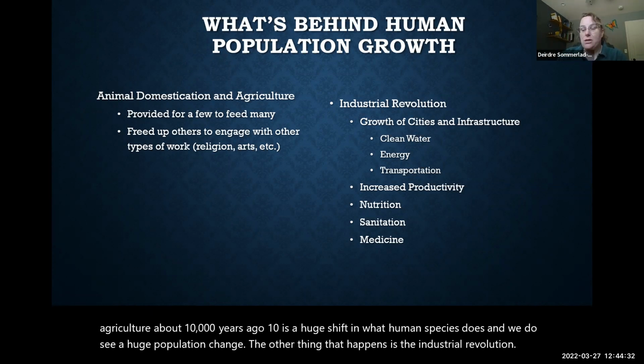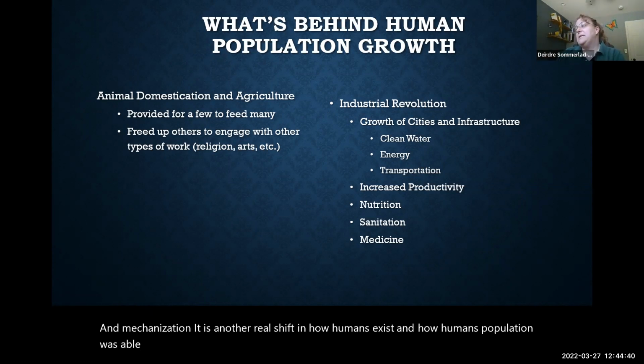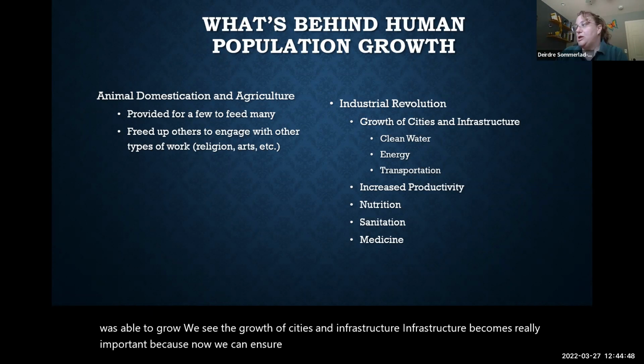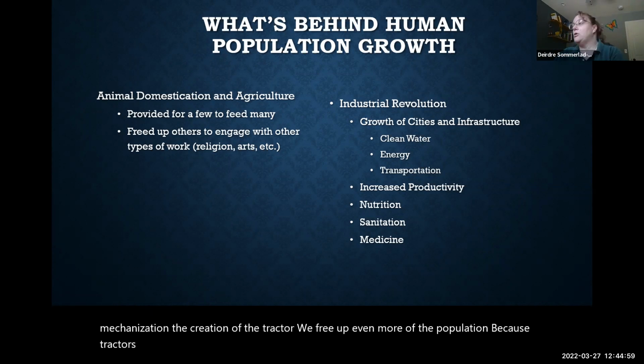And mechanization, it is another real shift in how humans exist and how humans' population was able to grow. We see the growth of cities and infrastructure. Infrastructure becomes really important because now we can ensure cleaner water, energy, transportation. With mechanization, the creation of the tractor, we free up even more of the population because tractors can handle a lot more agriculture.